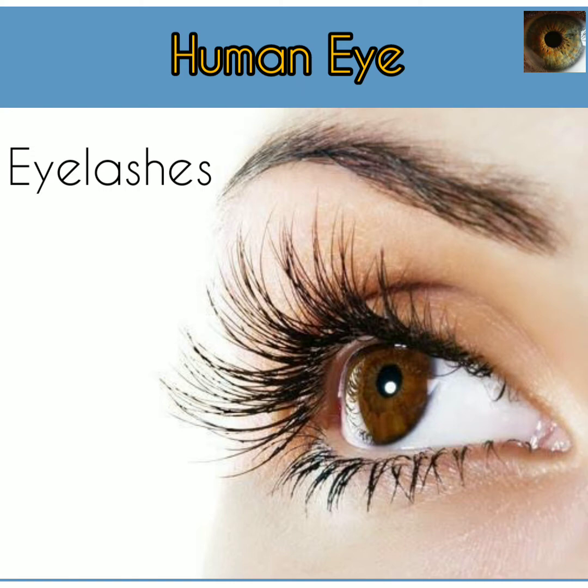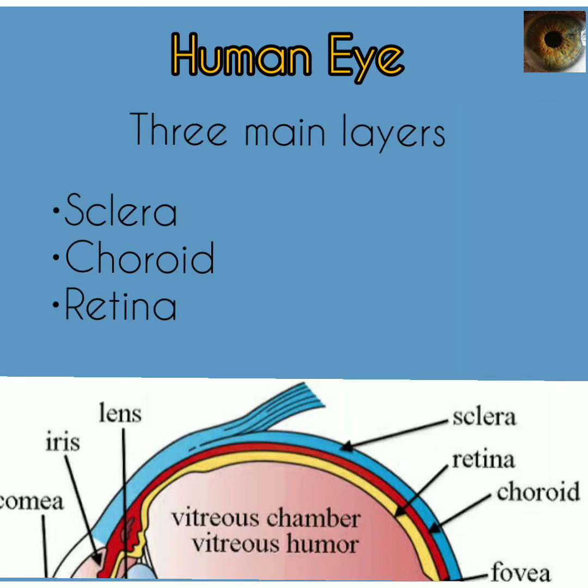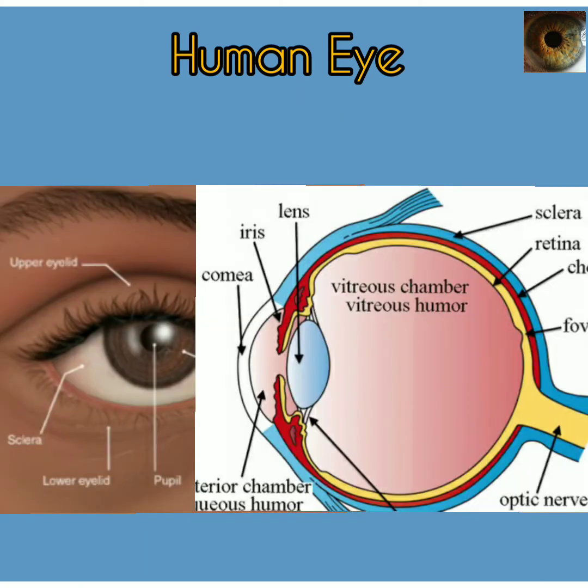The structure of the eye can be divided into three main layers: sclera, choroid and retina. The outer layer of the eyeball consists of sclera and cornea. Sclera gives the eye most of its white color.